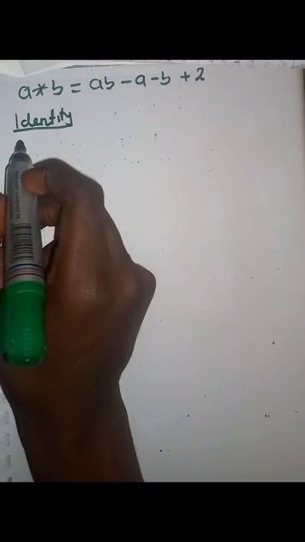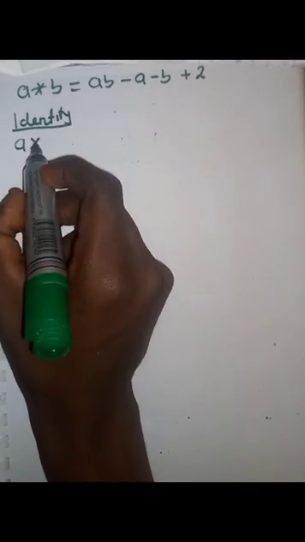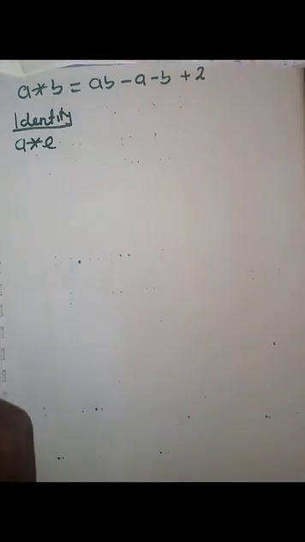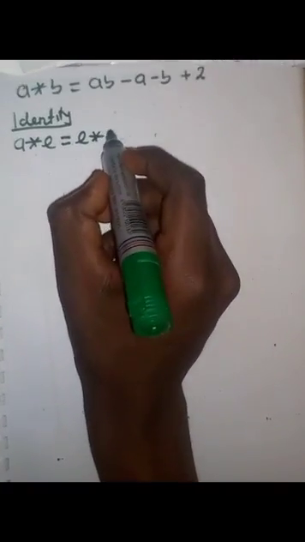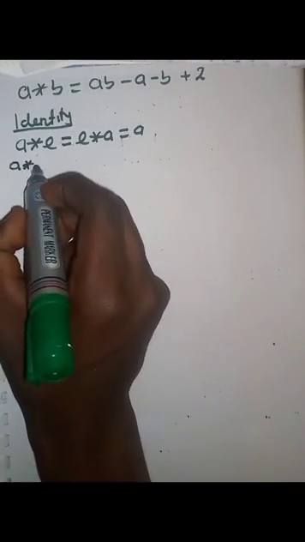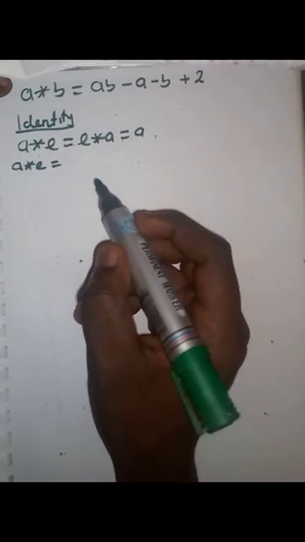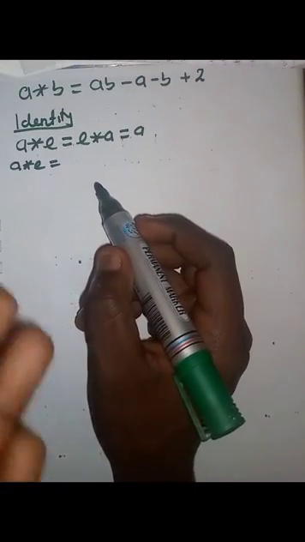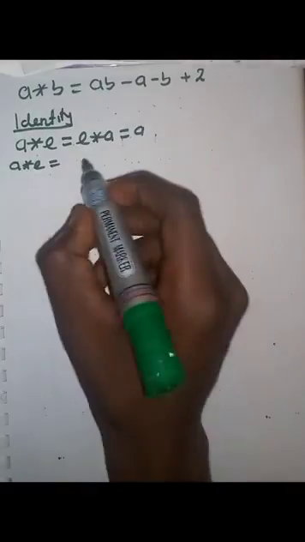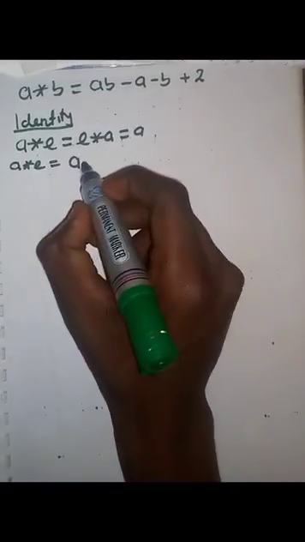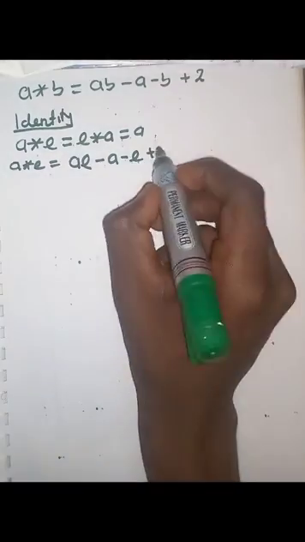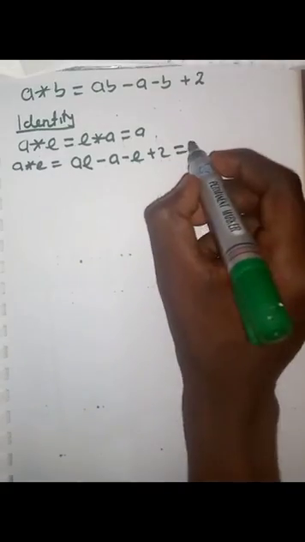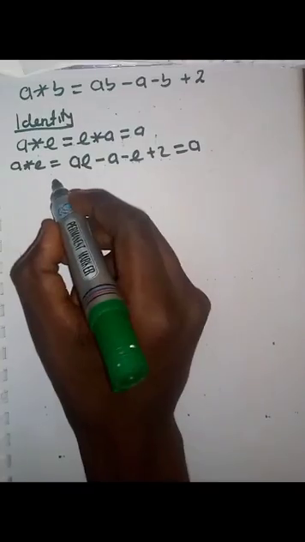Let's take any element A, and call its identity element E. If it's commutative, this should be the same as E star A, which should give us A. So let's start with A star E. According to our A star B, with B as E, that is AE minus A minus E plus 2, which should still give us A.